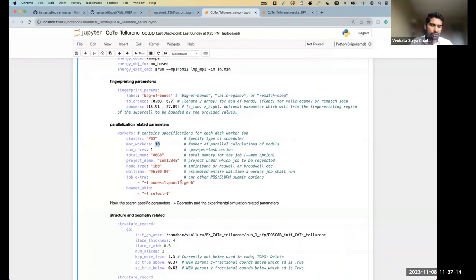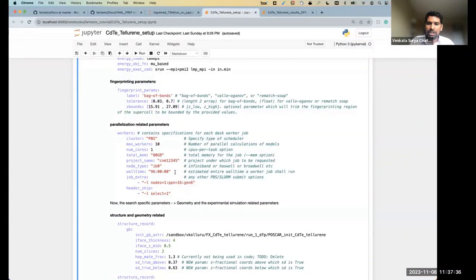We can also request GPUs if we like, and also the account information for charging. So these details specifically are present in your job script. So you can enter these corresponding to your particular local machine.